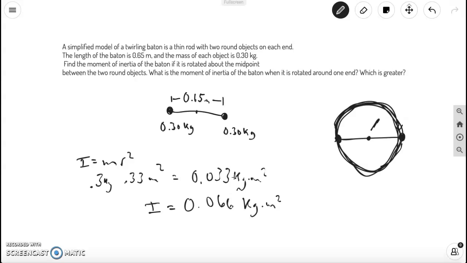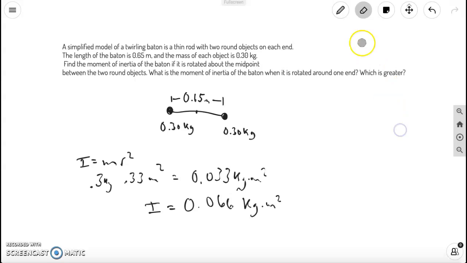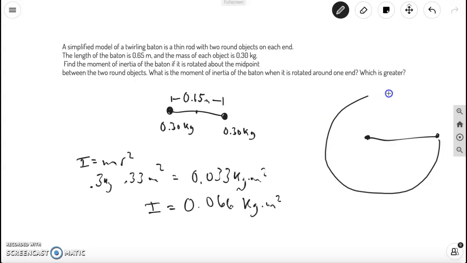Now we need to think about this in a different way, because it's asking, all right, now we're not spinning about the middle, but our axis of rotation is just this end point. So now we need to rethink this picture, because we have our place where it's spinning, and then it's spinning like this.